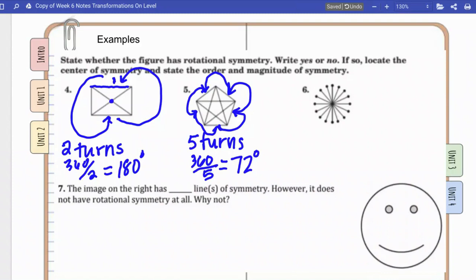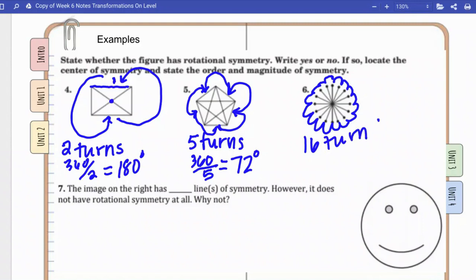On this shape, we're going to assume all the dots are equidistant apart, all the points. So what happens is, think about turning like a paper plate. If I put a dot here, I can turn it 1 turn, 2 turns, 3 turns, 4 turns, 5 turns, 6 turns, 7 turns, 8 turns, 9, 10, 11, 12, 13, 14, 15, 16 turns.